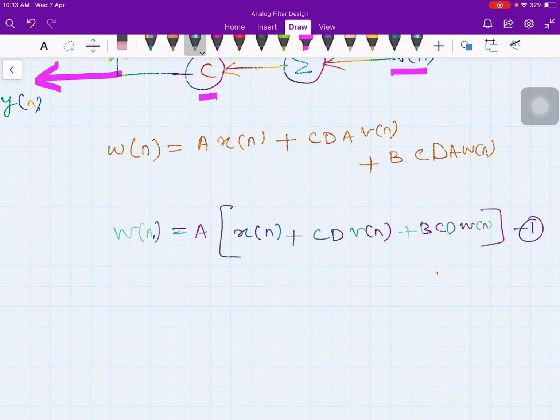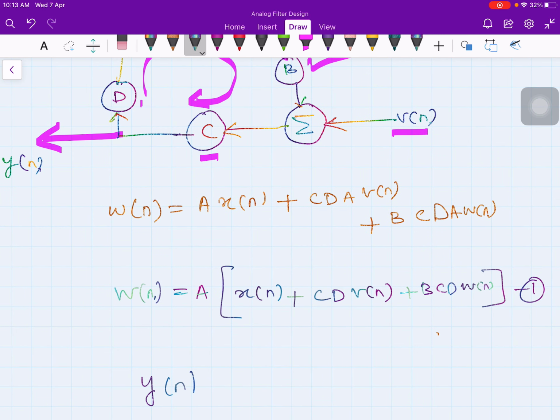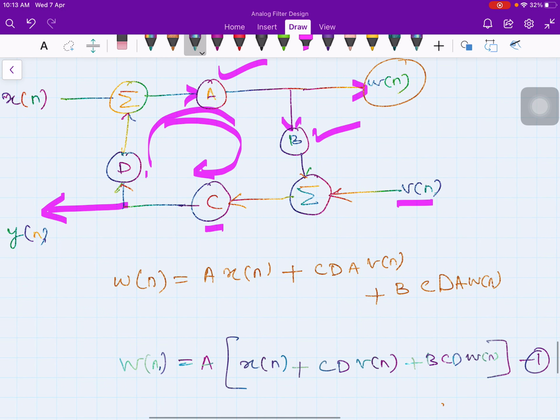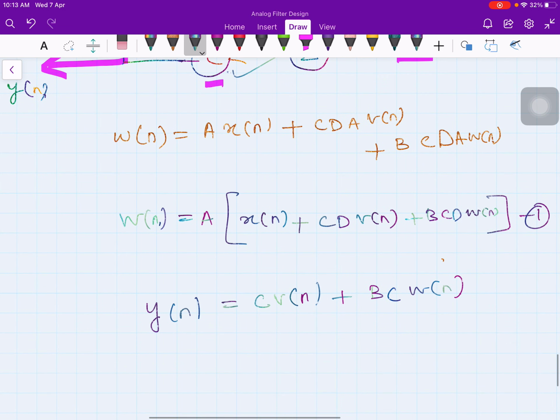And then you can write the other equation, y of n is equal to c times v of n plus, look at the figure, b times c times w of n. And let me call this equation number 2.